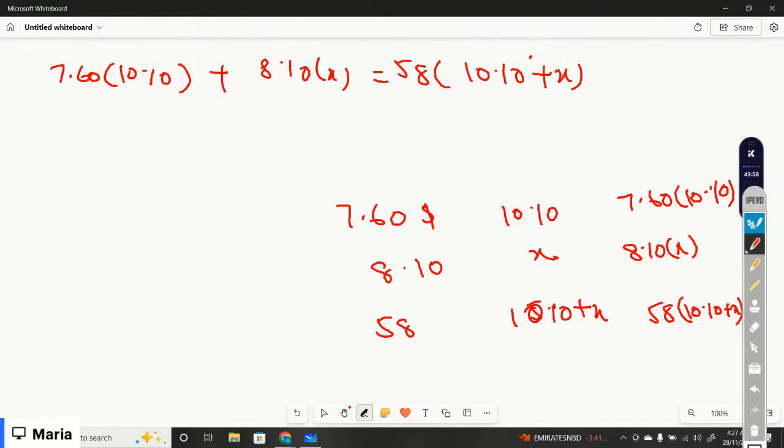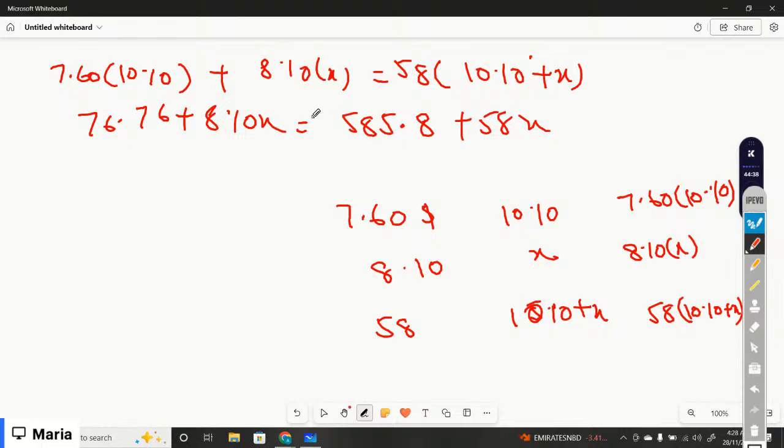So 7.60 times 58 equals 440.8, plus 10.10x. And 8.10 times 58 is 469.8, plus 8.10x.